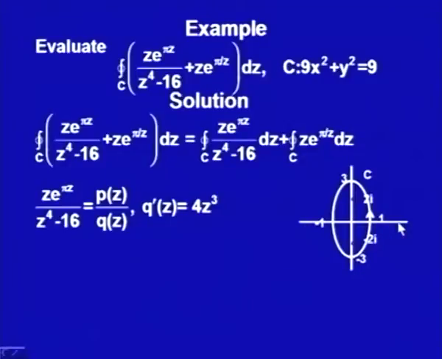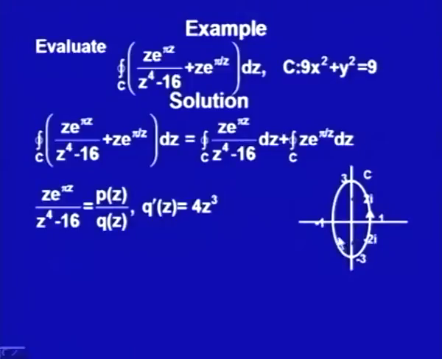Certainly, those points are outside this given contour. Then we have the other isolated singularities plus minus 2 I, that means minus 2 and plus 2 on the y axis. Since on the y axis this contour is ranging from minus 3 to plus 3, minus 2 I and plus 2 I would be inside the given contour.